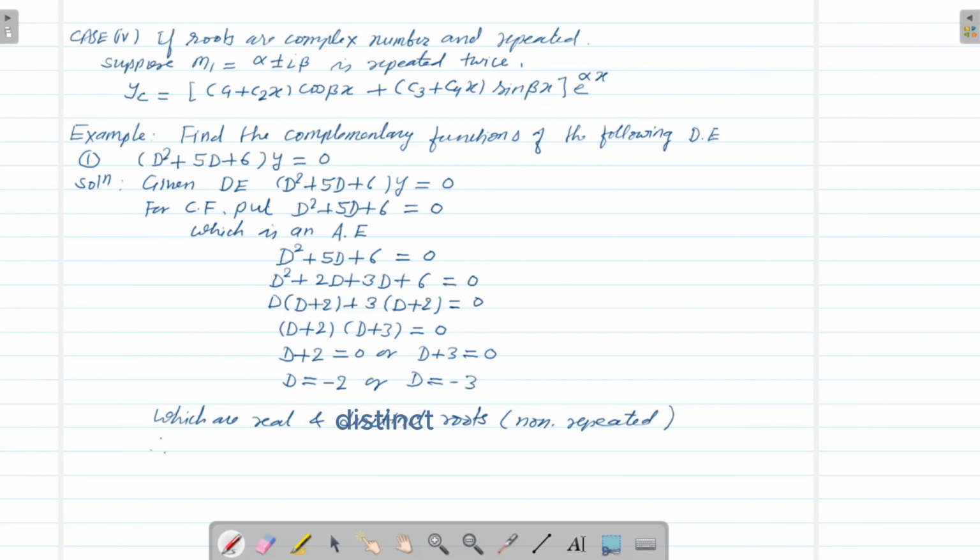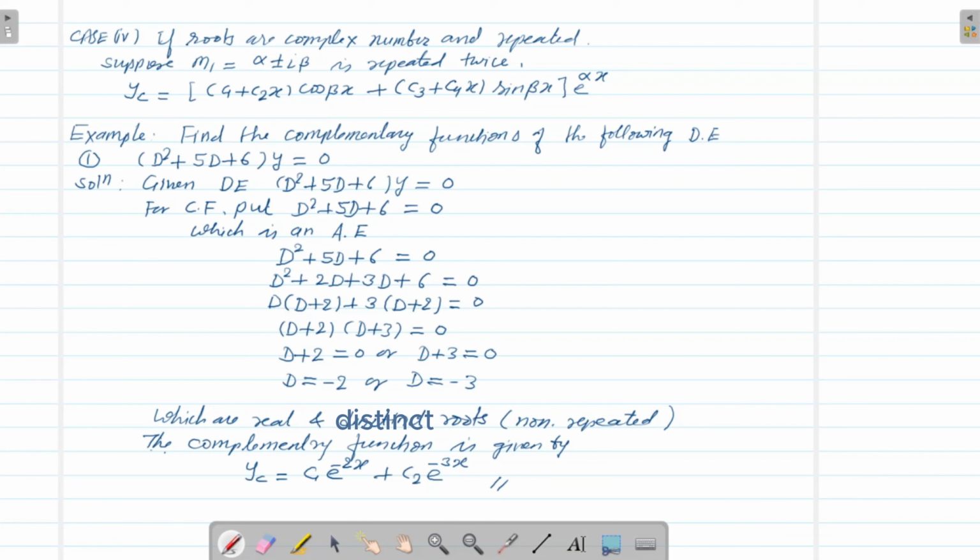Therefore the complementary function is given by yc equal to, since the roots are distinct, there will be two constants: c1 e raised to negative 2x plus c2 e raised to negative 3x. This is the required complementary function of the given differential equation.